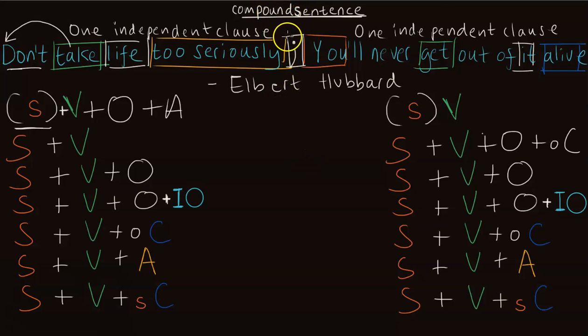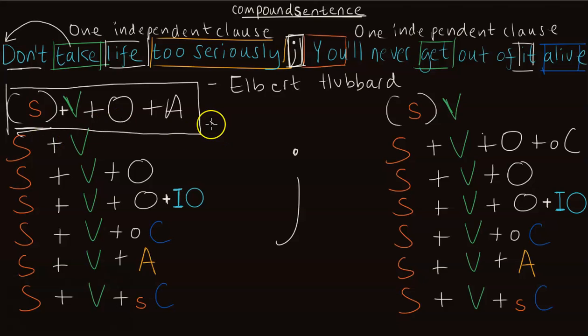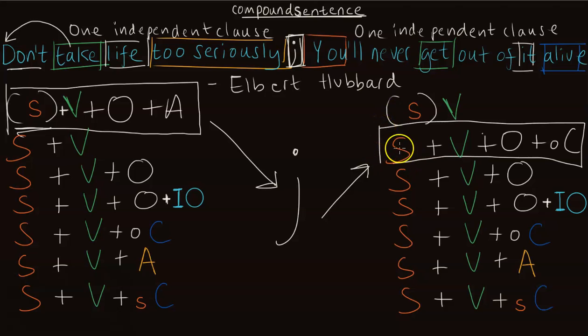And a compound sentence is joined with this semicolon. So we have a subject plus verb plus object plus adverbial, to the semicolon, to our subject plus verb plus object complement. That is the structure of this quote.